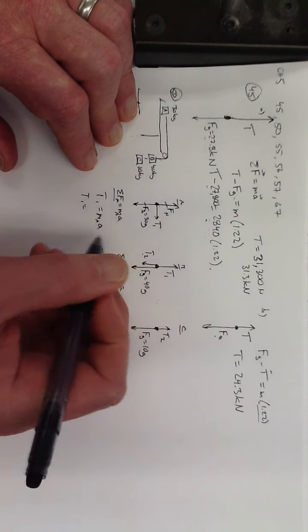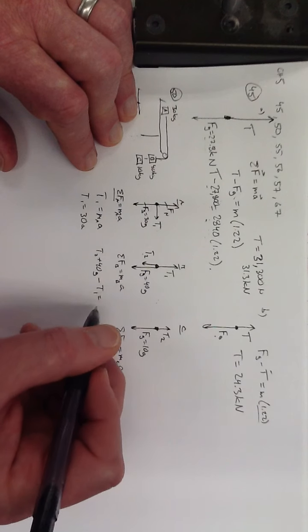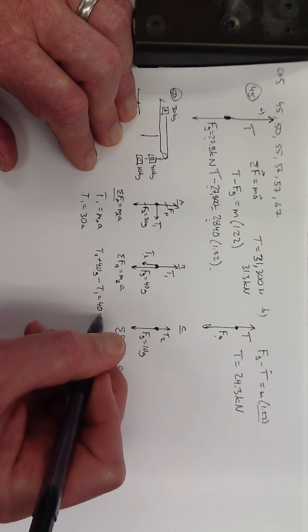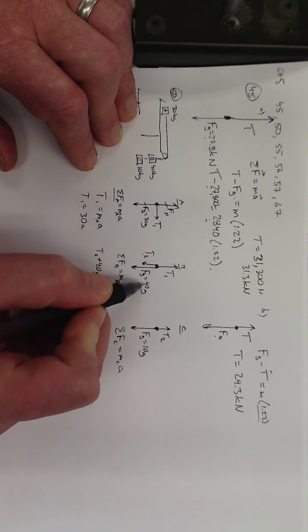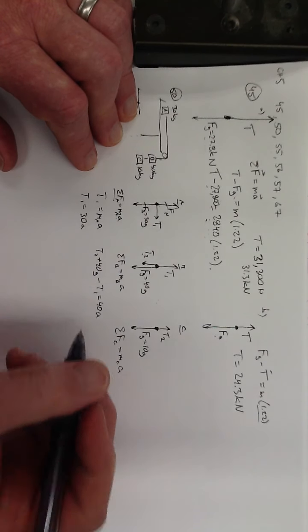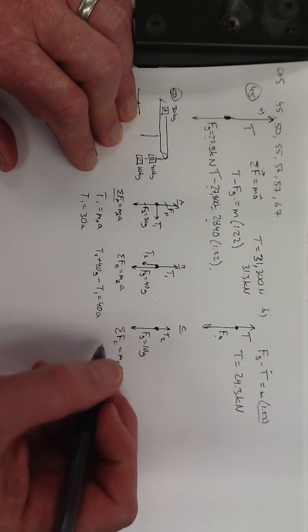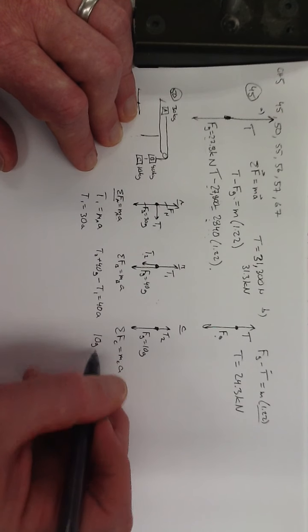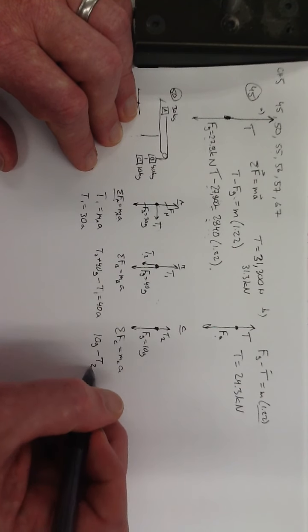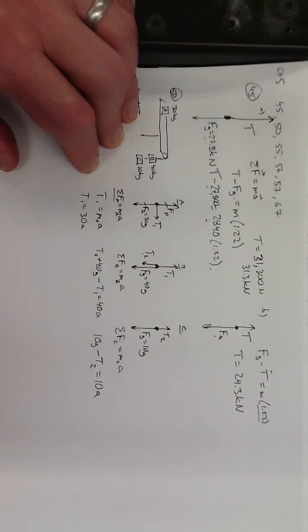So the mass of A is 30. Here the mass of B is 40 times A. Don't confuse the 40G with the mass. That's a gravitational force. The mass is just 40 kilograms. And here, winners, I've got the force of gravity, winning minus losing is equal to the mass of C times acceleration.